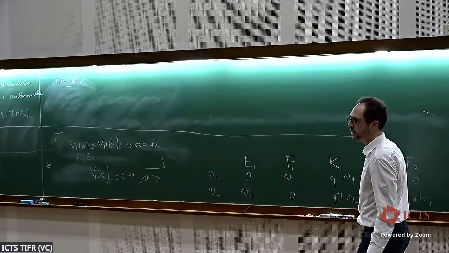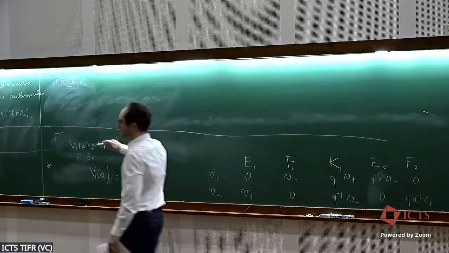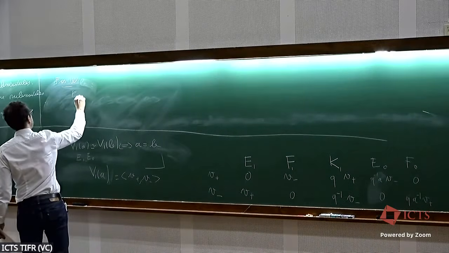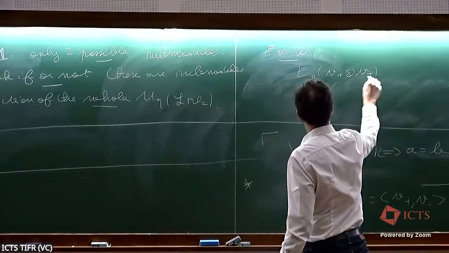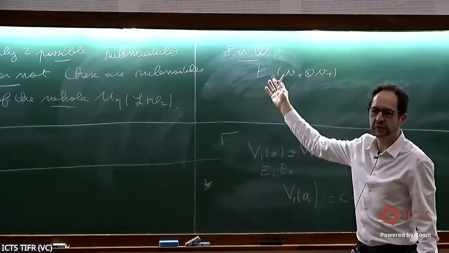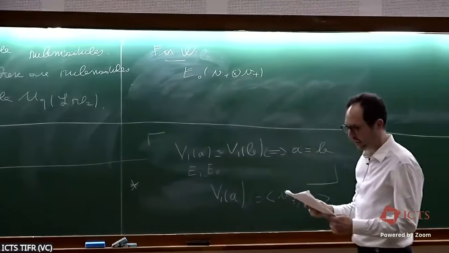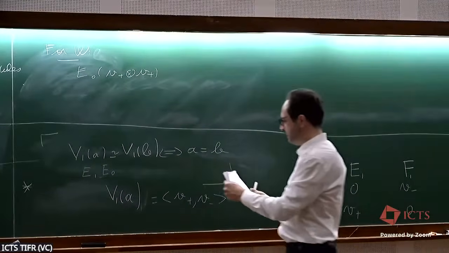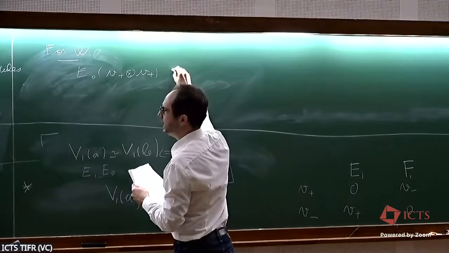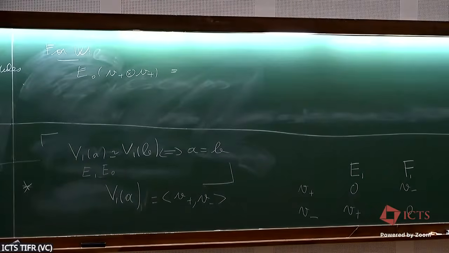And we see what we get. So we apply E0 on V plus tensor V plus. So again, it's easy to do it explicitly thanks to the coproduct formula. So everything is explicit. And well, I did it for you. So you get, so here you have two parameters, A and B.